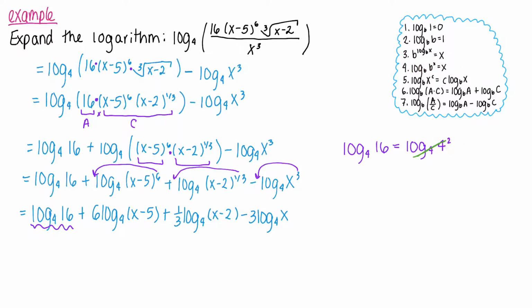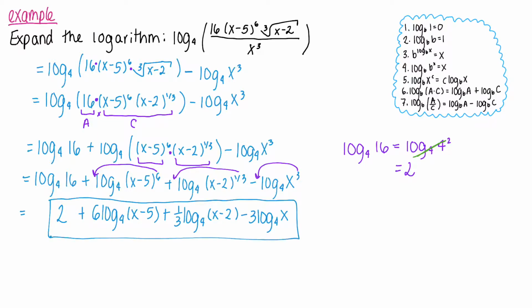So we're just left with this 2 here. So this guy right here is actually 2. So why don't I just erase this and put the 2 in right here. And that right there, my friends, is our final answer.